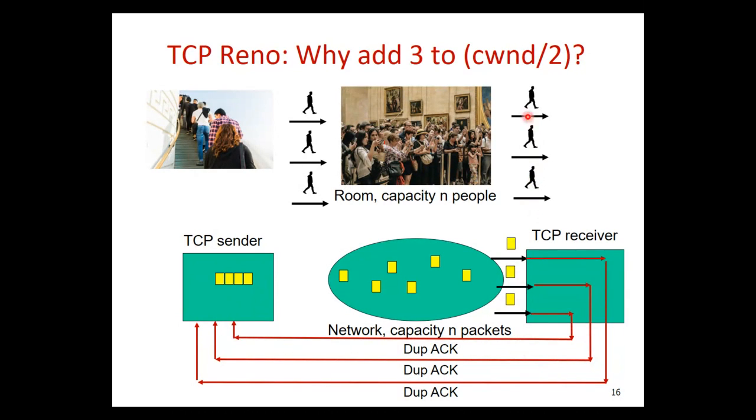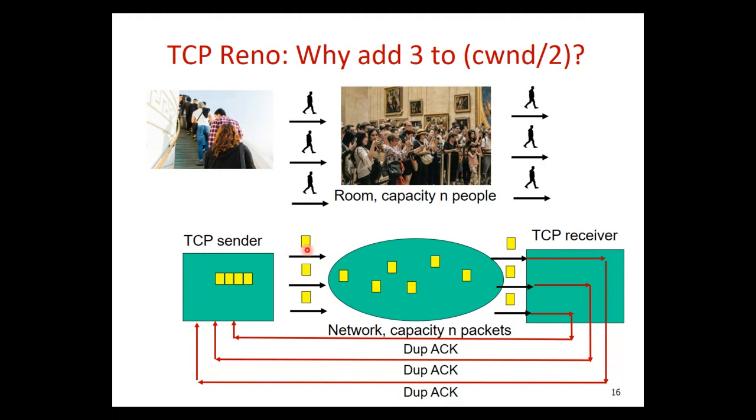So we have exactly the same situation here, right? 3 packets have left the network. It's like 3 people have left the room. And therefore, at the sender, we can add 3 more packets, right? We can send 3 more packets into the network, exactly like here, and we're not going to exceed the capacity of n.